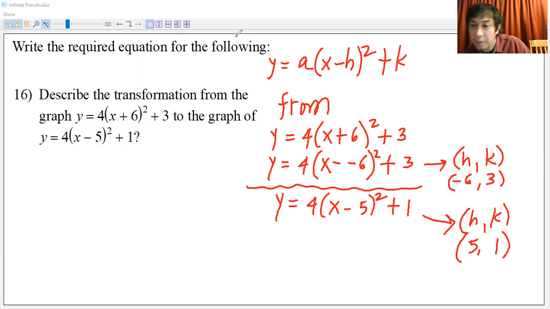So the movement of the vertices in y: the k is from 3 to 1. That means 2 units down.